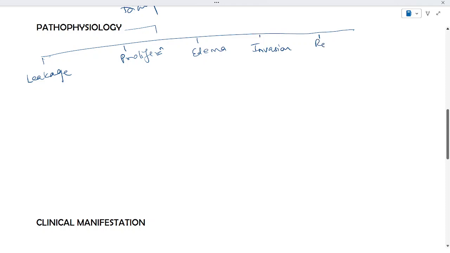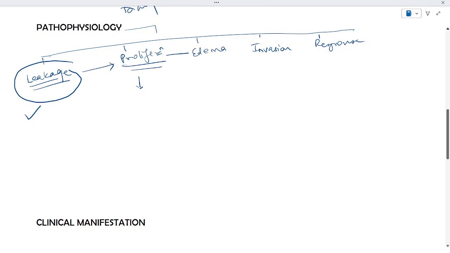And the last, the response. If we see the leakage, it is caused by the leakage of contents from the abdominal cavity. Proliferation, where bacterial proliferation occurs as the next step. Edema, because of this proliferation, edema and exudation of fluid develop in a short time, right? So that leads to edema.